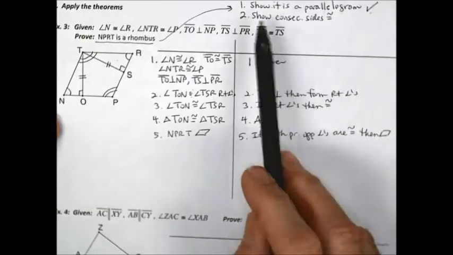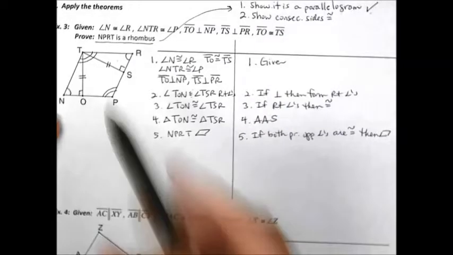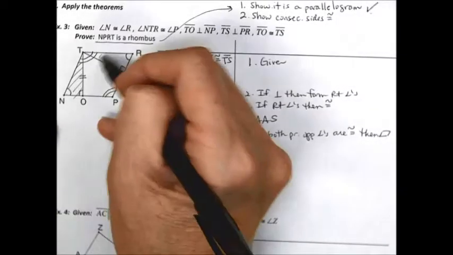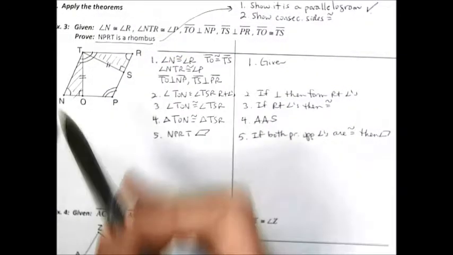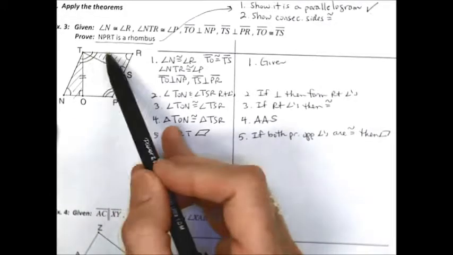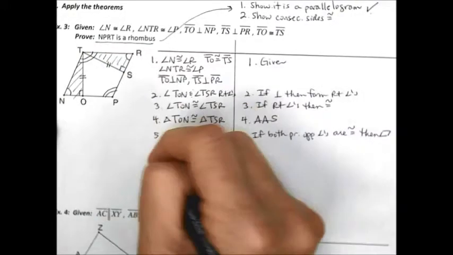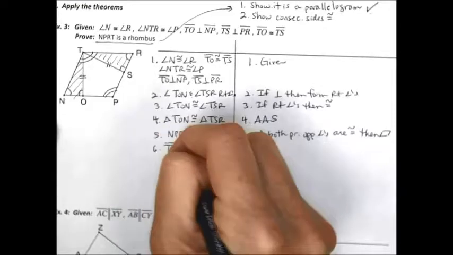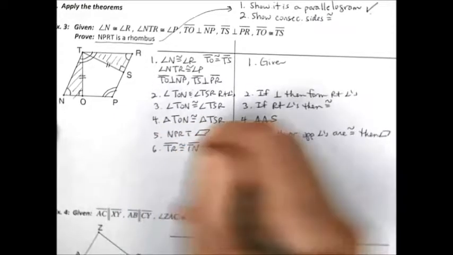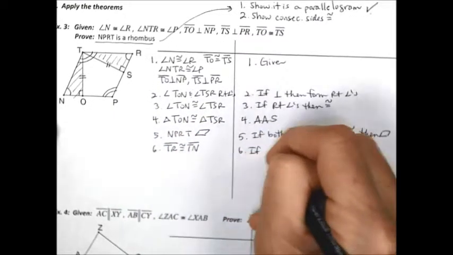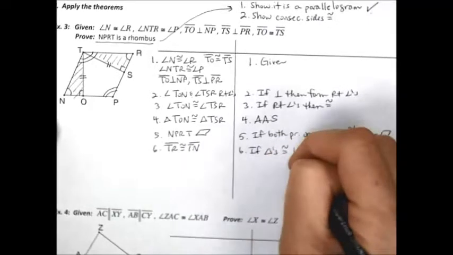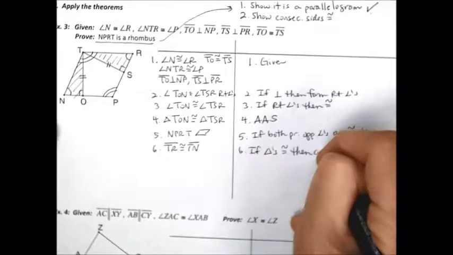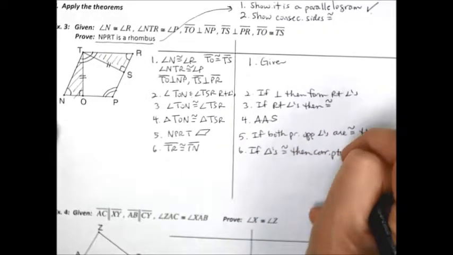Now I need to show consecutive sides congruent. Well, I have these triangles congruent. So I think by corresponding parts, these are consecutive sides, TR and TN. So I can show that TR is congruent to TN. If triangles are congruent, then corresponding parts are congruent.